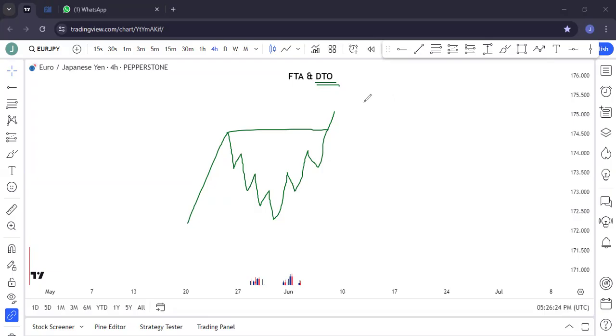DTO means double takeout. Double takeout meaning the price has to break the highs or the lows twice before the major break. For example, in this structure here, these are the highs created by the market before the major breakout.